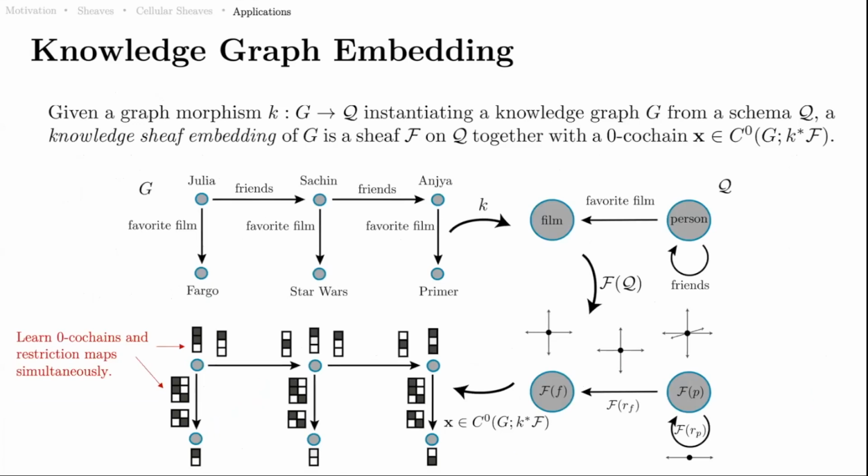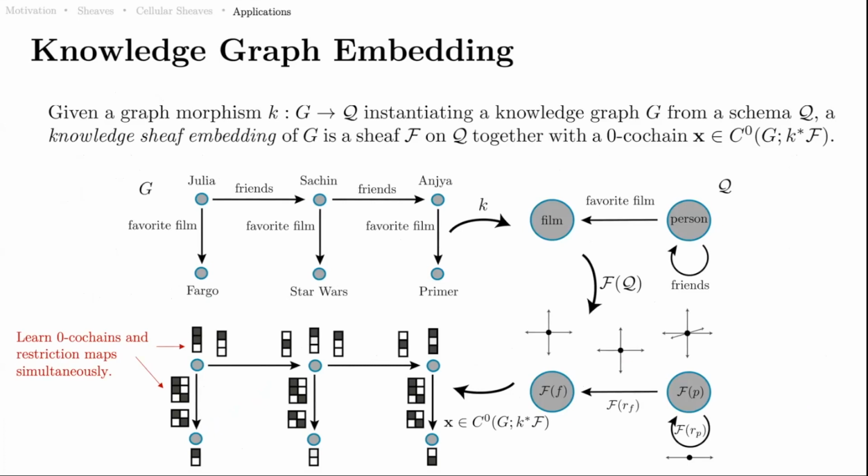And so in some of our more recent work, we've shown that you can frame this knowledge graph embedding problem, so if we want to learn vectorized representations of our entities, as hunting for a sheaf, which we're calling a knowledge sheaf.